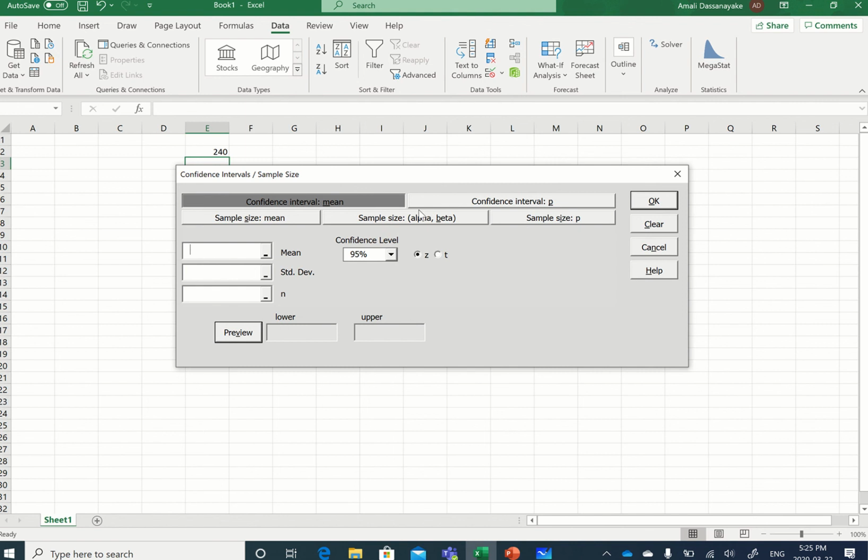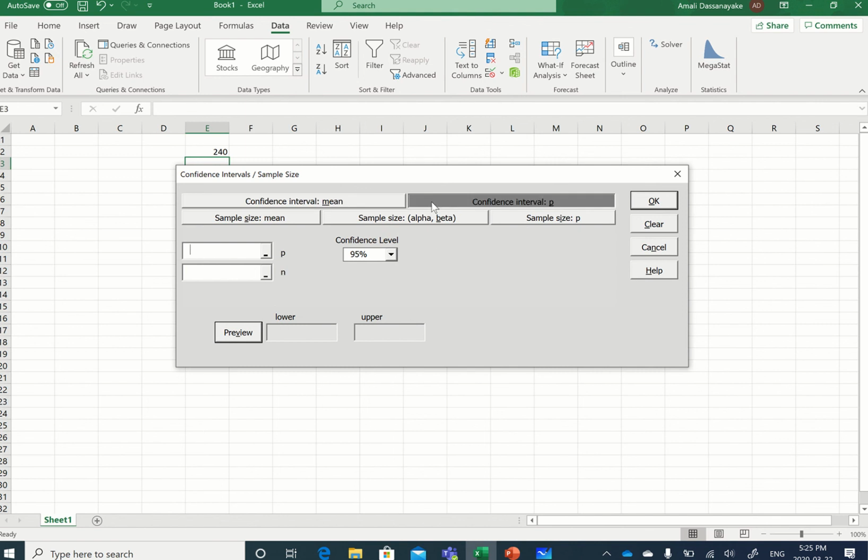So it's the other tab. Go to the next tab, confidence interval for proportion, this one. And all you need to provide is the sample proportion. The sample proportion can be provided as two numbers. The sample proportion was 40, so you can put 40 up here. You can notice the change over here, 40 over 400. There you go.